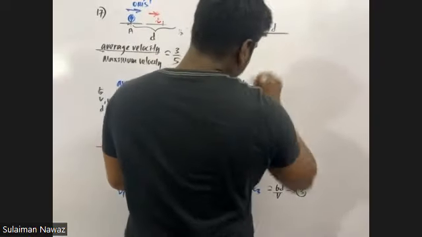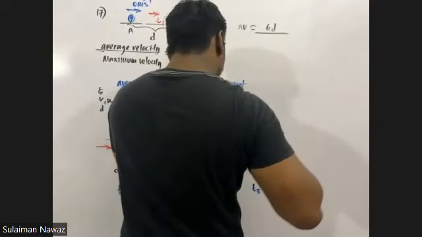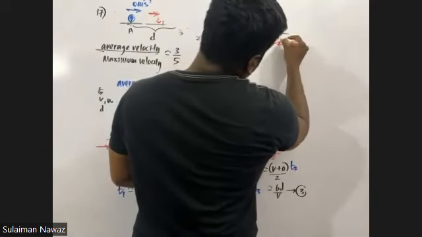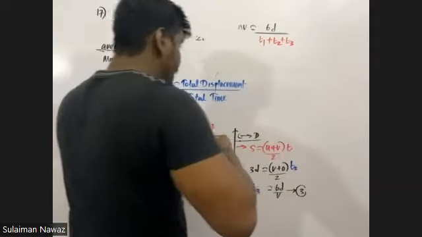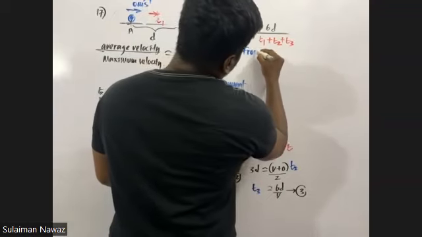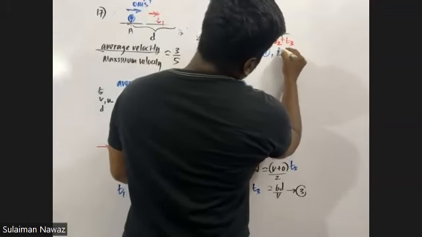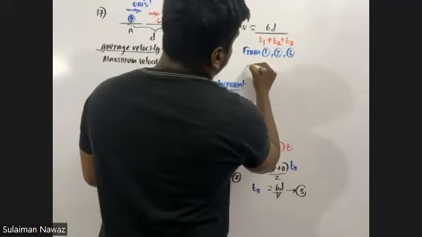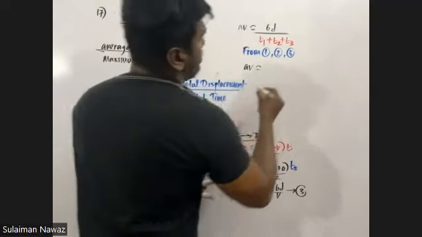What's my T1? 60 over T1 plus T2 plus T3 in average velocity. Now I know my T1. From equations 1, 2, and 3, I can say my average velocity as what? 6d over.